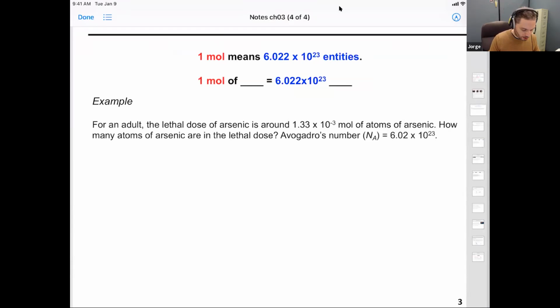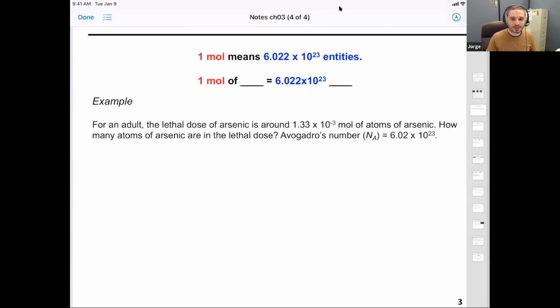So again, every time I'm talking about 1 mole of anything, it means 6.022 times 10 to the 23rd of whatever I'm talking about. Imagine this as a conversion factor.